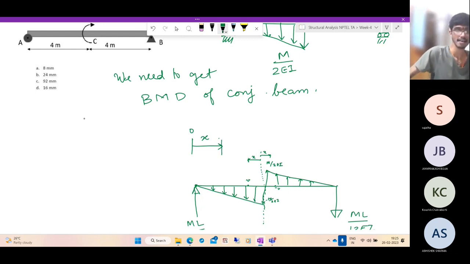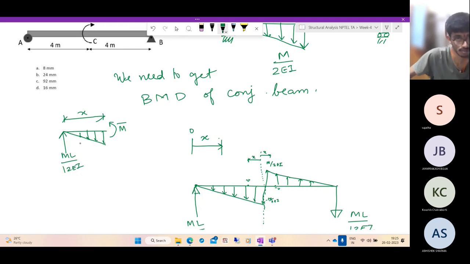Now let us consider this portion of the beam. It is of distance x. Here I have ML by 12EI. Here there is an internal bending moment M bar. So what is M bar? Very simple. ML by 12EI x minus, it's linearly increasing. So what is the maximum value?